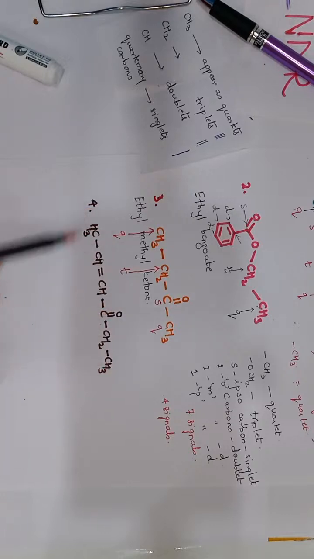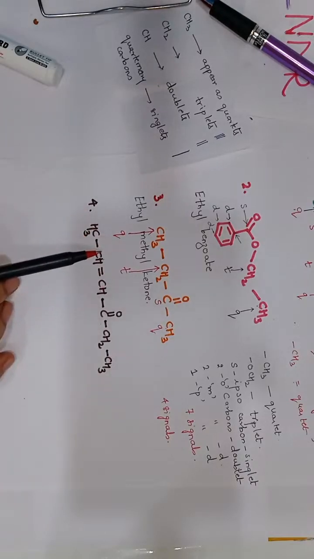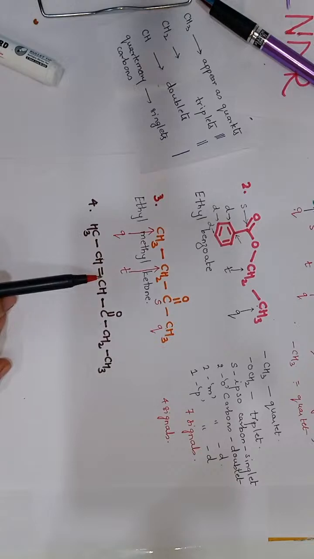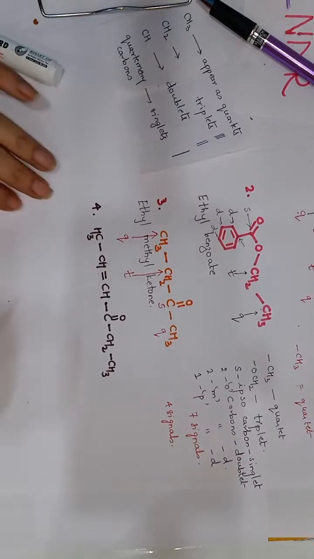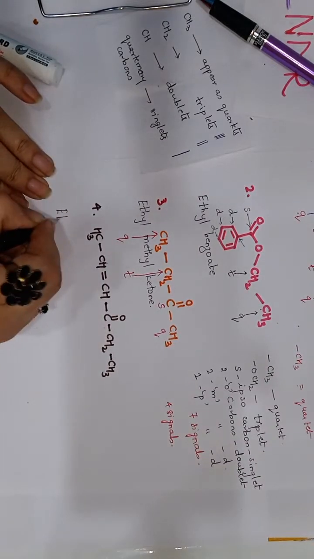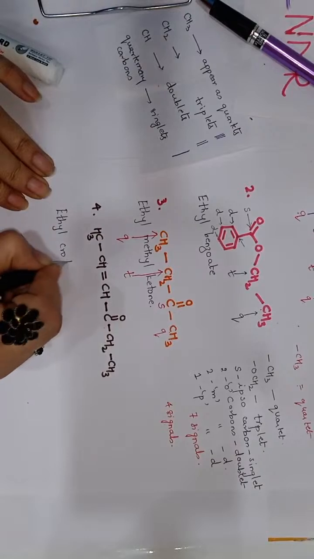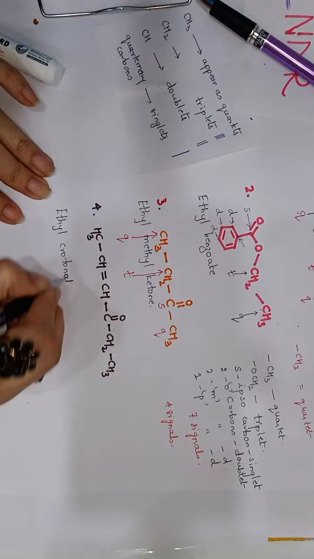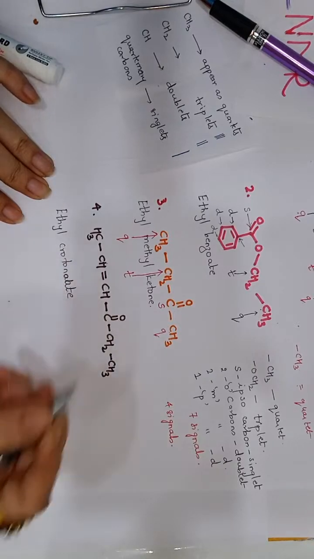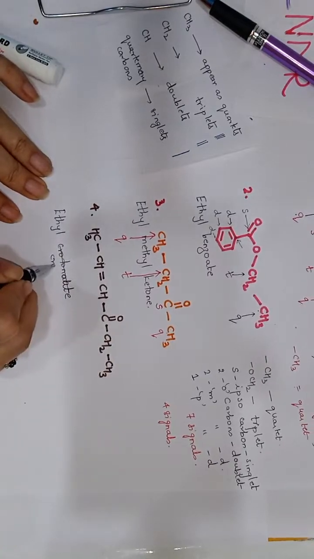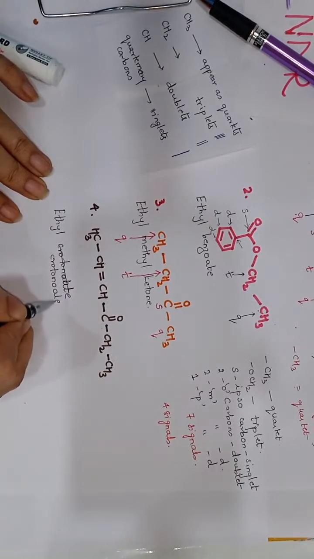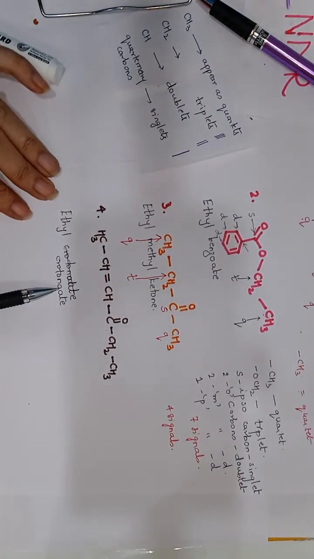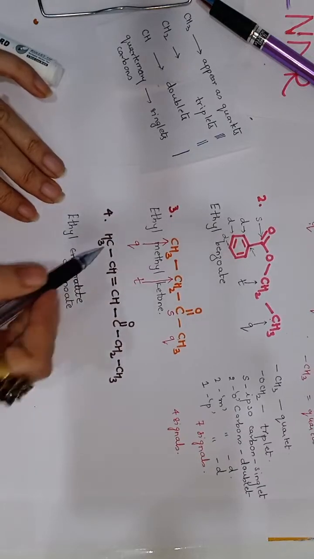So instead of writing down the whole name according to nomenclature, we use the trivial name, that is ethyl crotonate. Let us write down CH3.